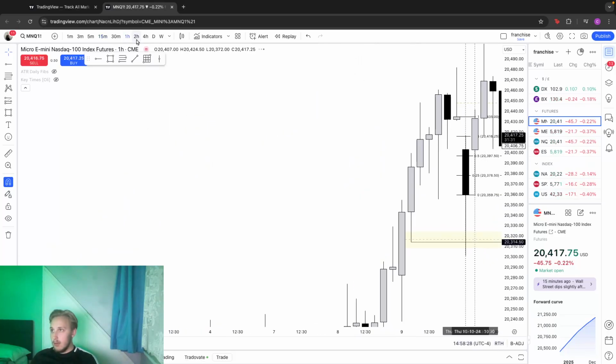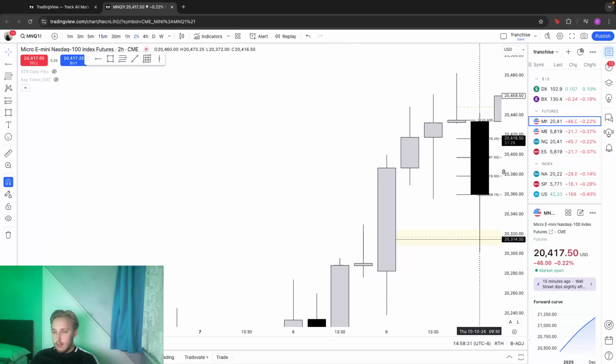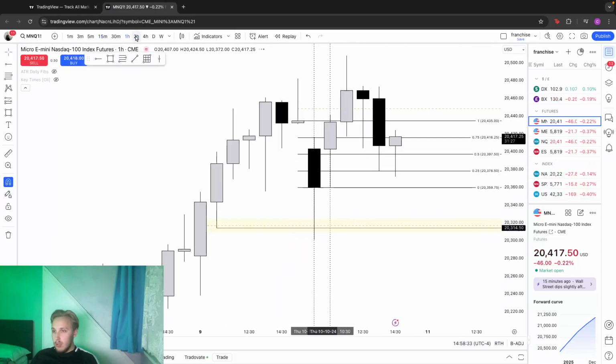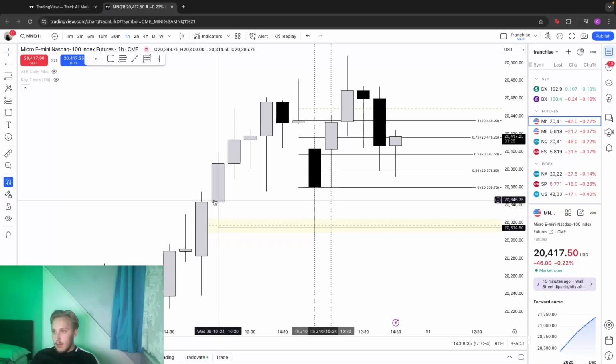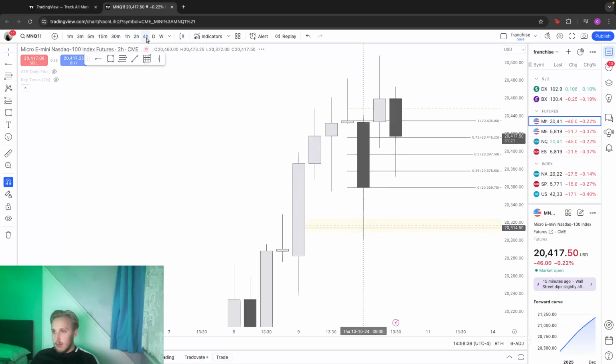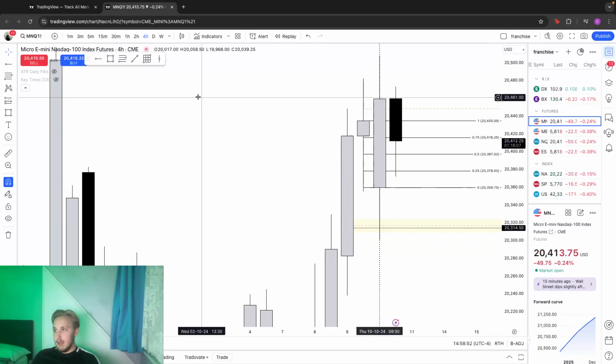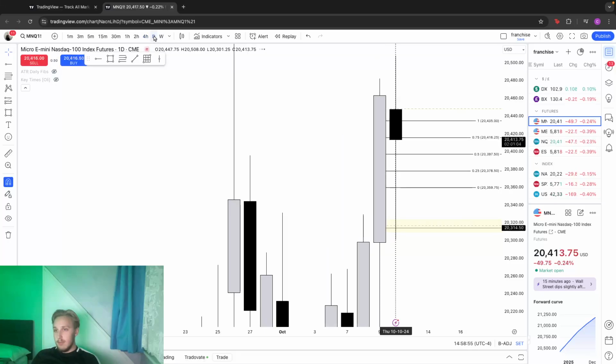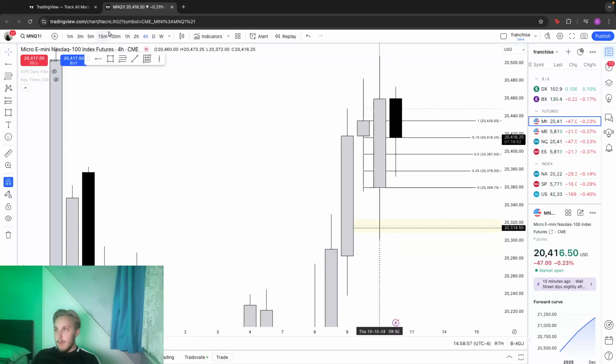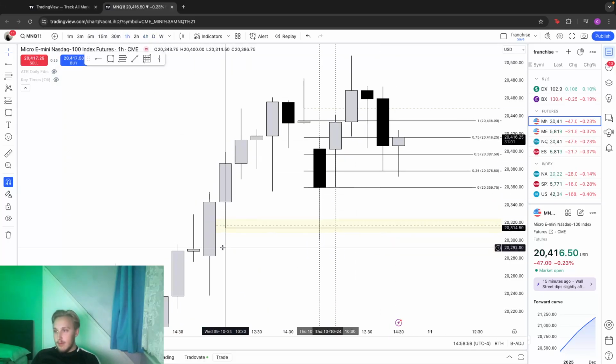We can look on the higher time frames, 1 hour, nothing on the 1 hour, 2 hour, 4 hour. So yeah, we're still inside this 4 hour FVG or BISI, buy side imbalance sell side inefficiency, or just bullish fair value gap. So yeah, we've obviously got that.